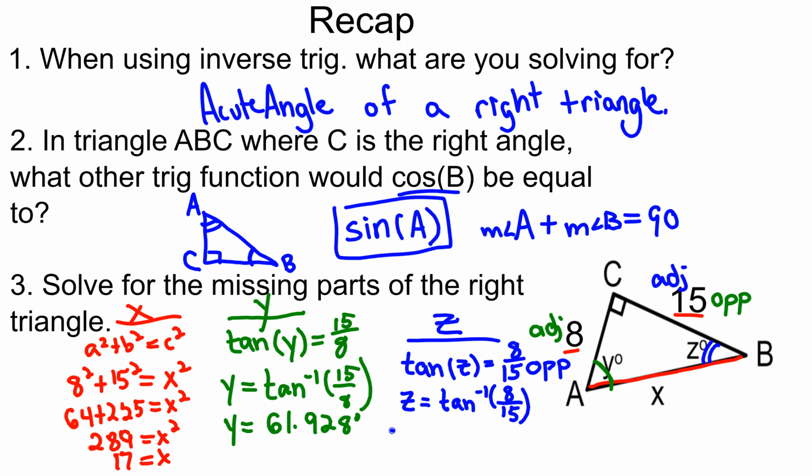And we put that in our calculators. And we get 28.072 degrees. Now if you check angle Z plus angle Y, because they're both the acute angles of our right triangle, should add up to 90. So if you check that out, see what you get.